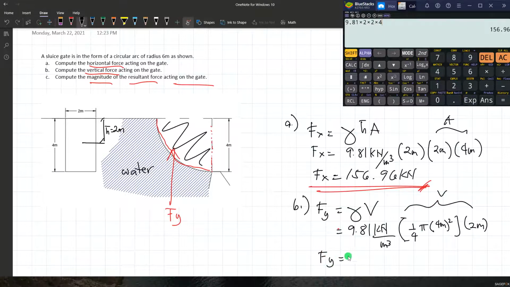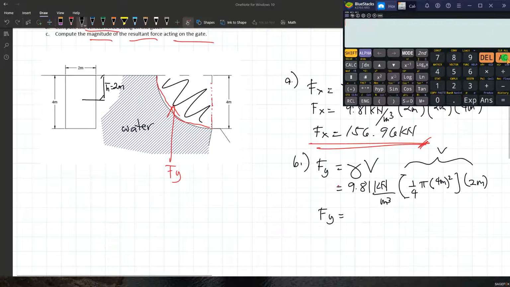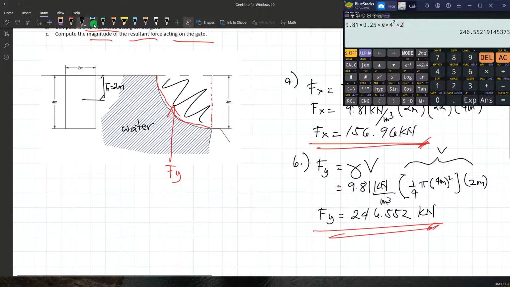So the vertical force is 9.81 times 1/4 times pi times 4 squared times 2. That's 246.552 kilonewtons. So that's the answer.